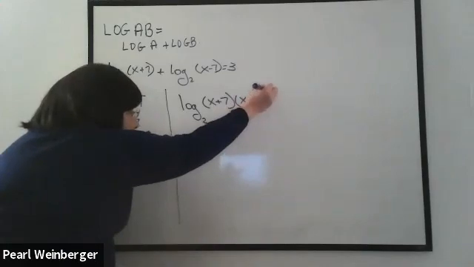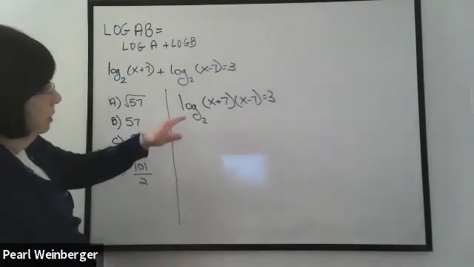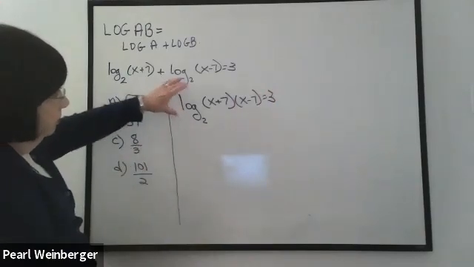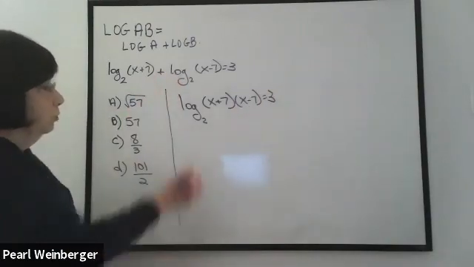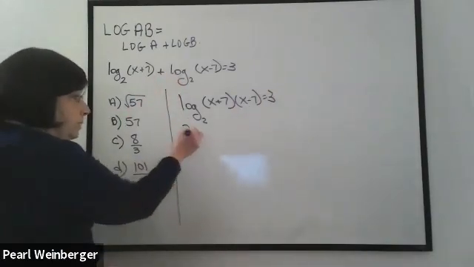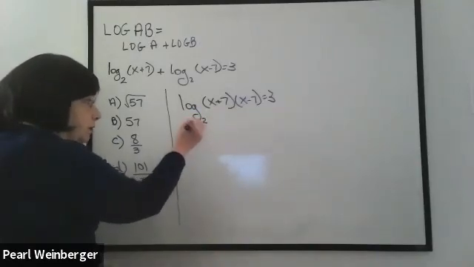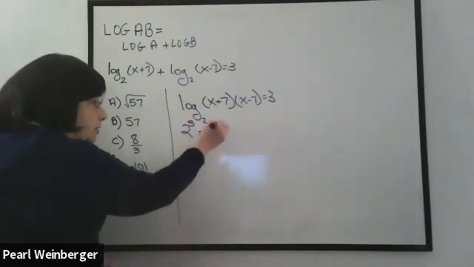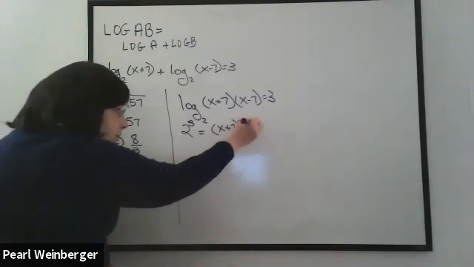And that's going to give me the 3. Now that I have just one log on this side, I can change it to exponential form. So my base is going to be 2. My exponent is going to be the number on the other side, which is 3. And that's going to give me x plus 7 times x minus 7.